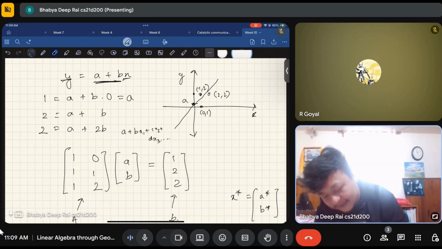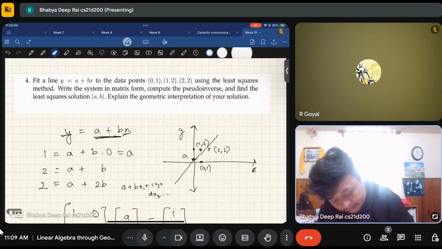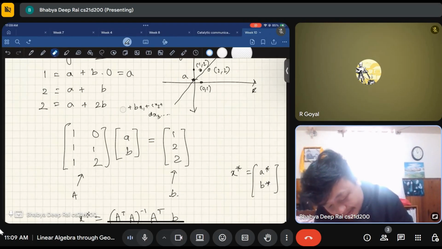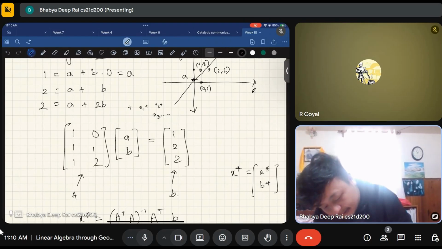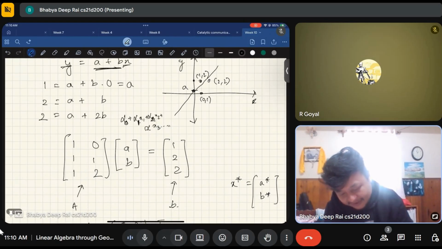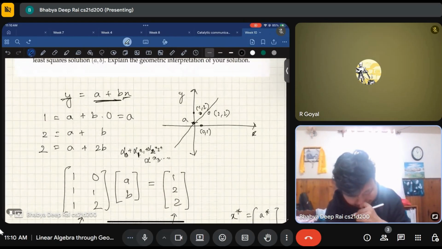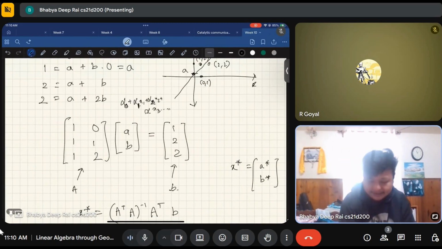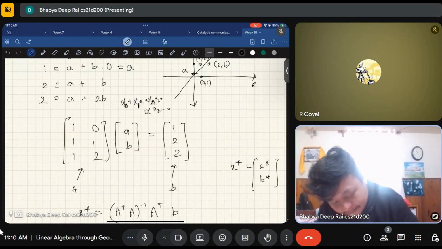Or rather, I've already used a here, so let's change that value to alpha: alpha 0, alpha 1, alpha 2, and so on. How many alphas will there be? The alphas will go till alpha m xm.